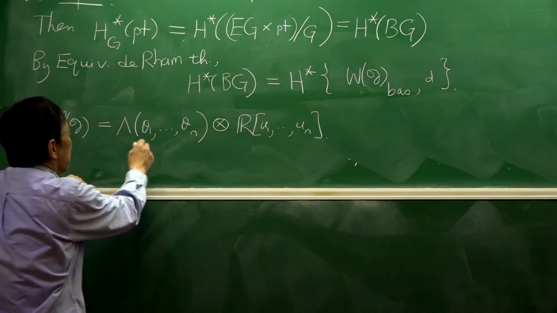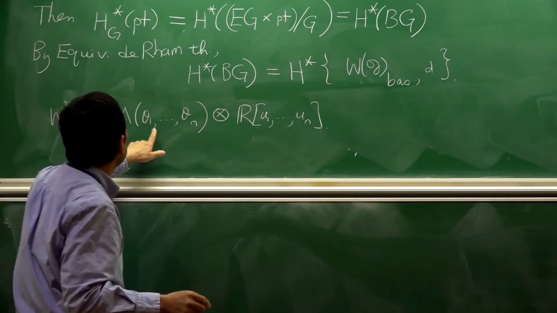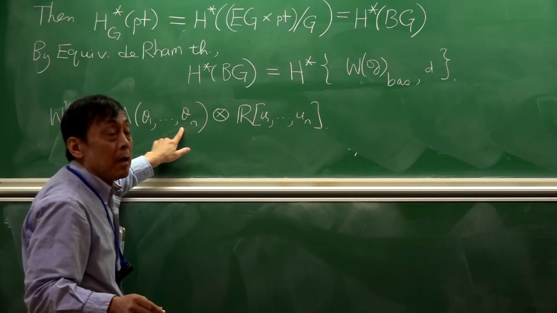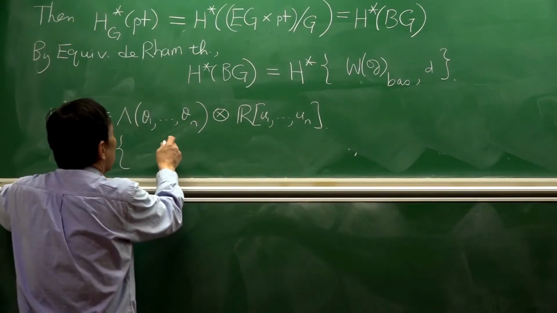Yeah, so you see every element of the Weil algebra, there are only finitely many of these monomials in the thetas, right?